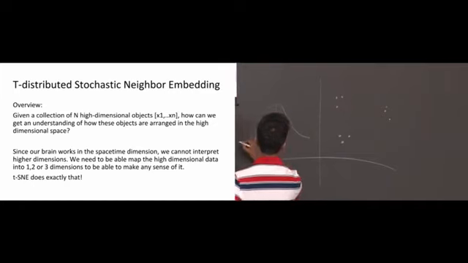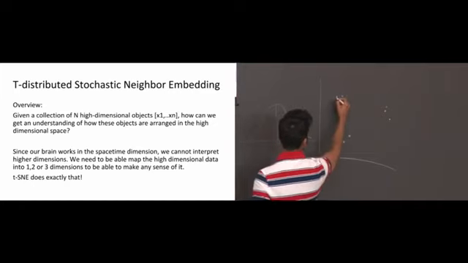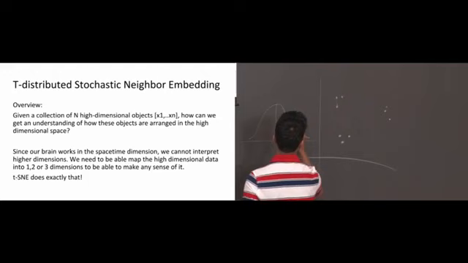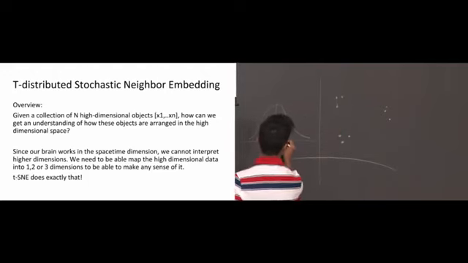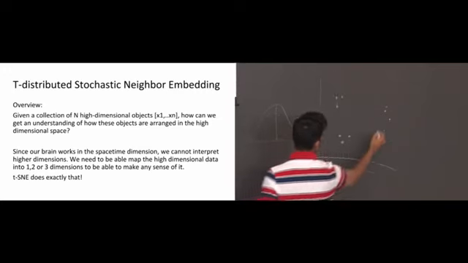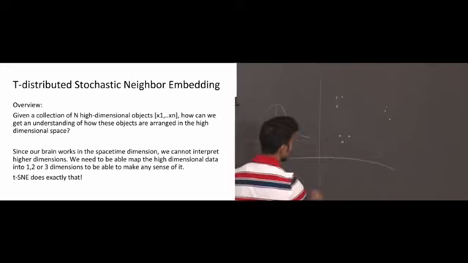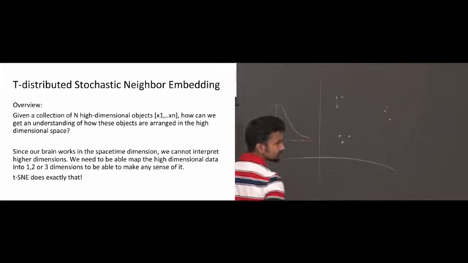Suppose you're starting with this sample. The sample is here, and then you calculate the distance to the other samples. Because this sample is very close to this, it is plotted here. And then this one is plotted somewhere here. And since this one is very far away, it comes towards the edge of the distribution.